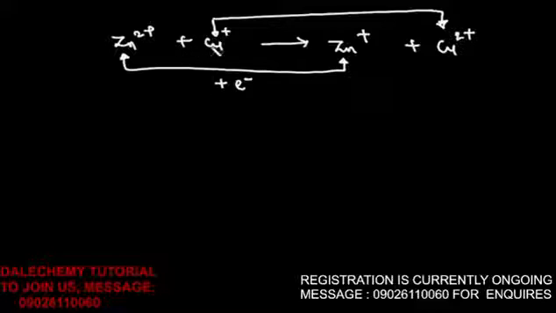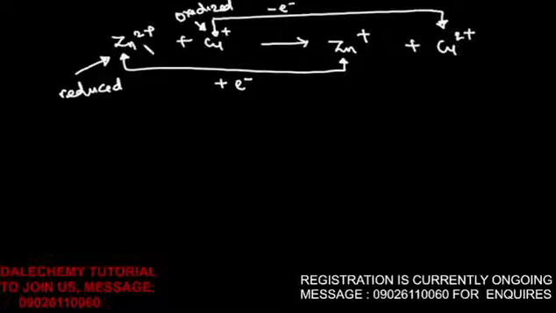Which means that if there is no copper, this is being reduced, because it gains one electron. Now, if there is no Cu+, it will not gain the electron. So the Cu+ that gives it electron is the one that makes it reduce. So this Cu+ is the reducing agent, because it is the agent that caused the Zn2+ to reduce. It gives it electron. At the same time, this has lost 1 electron, so it is oxidized.